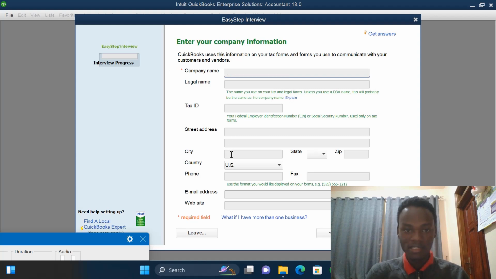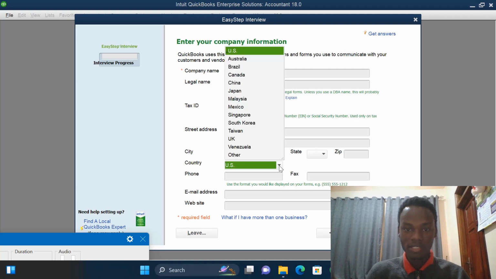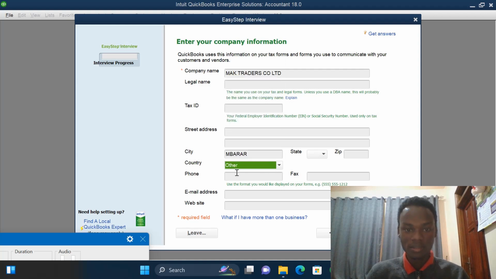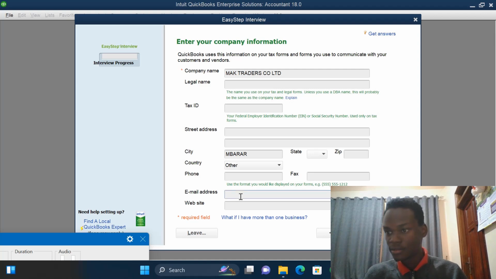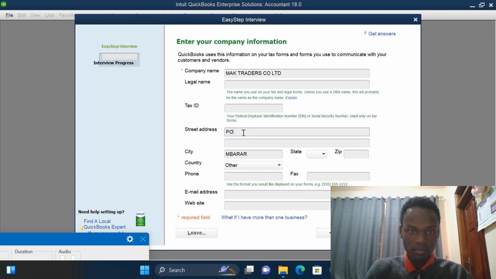The city that we deal in is Barara. So we go here to our countries and change to others. Before our email address, we have a PO box, that's 123.